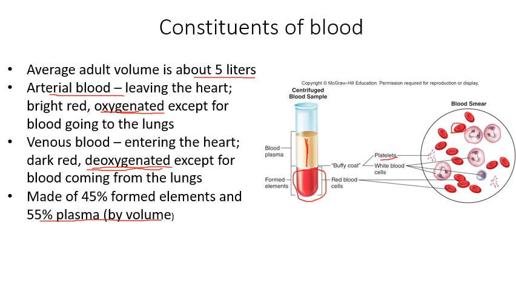These are not true cells, right? Unlike the white blood cells, which are actual true cells. Some are fragments of cells, or kind of like cells, but non-nucleated, as in the red blood cells.